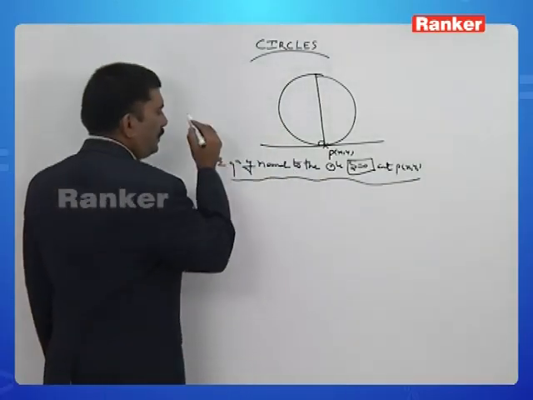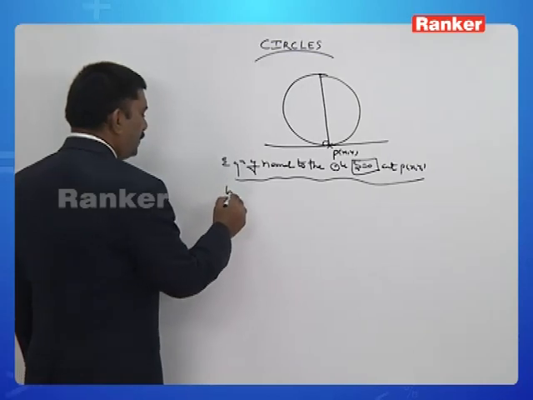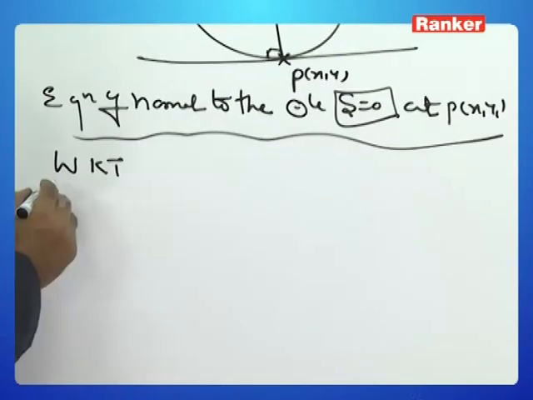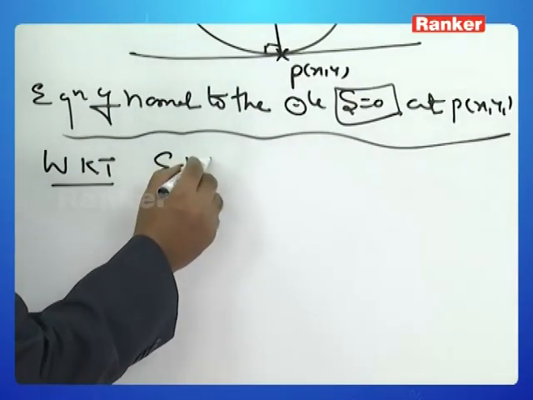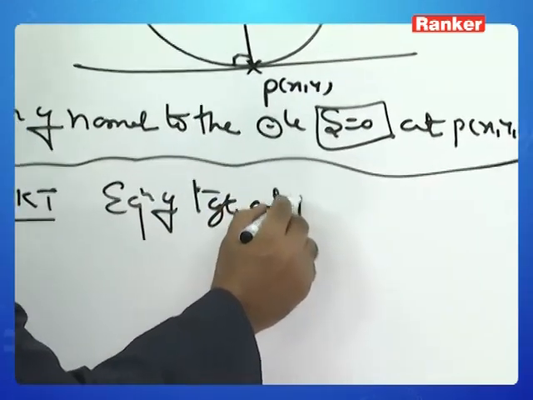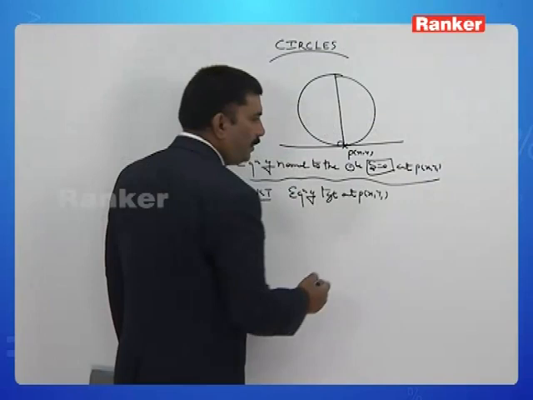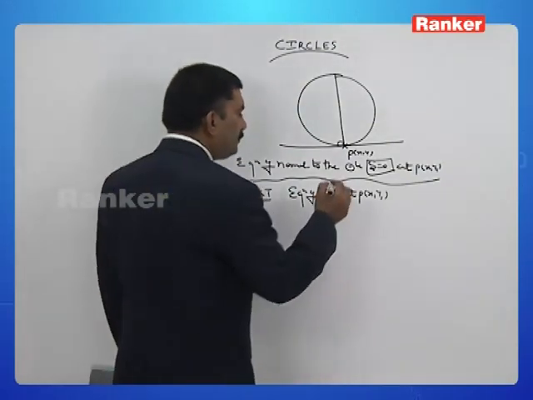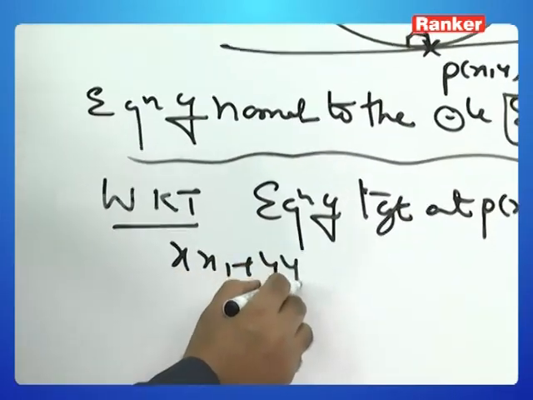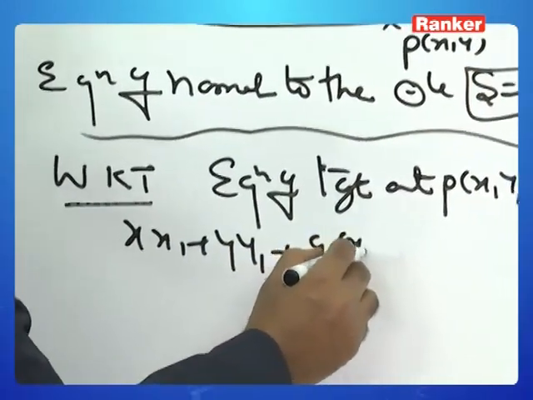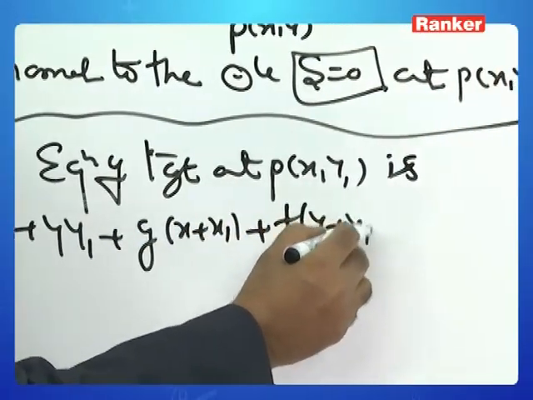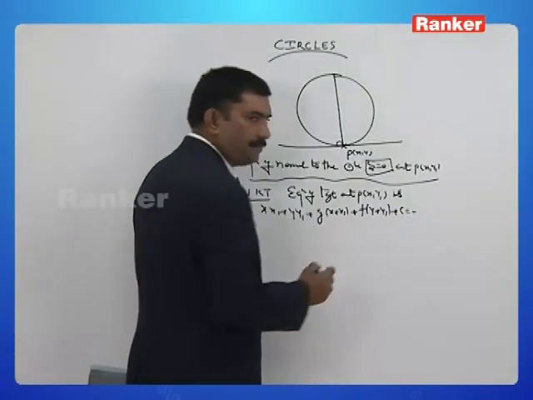Now we have to find this. We know that the equation of tangent at P of x1 comma y1 is xx1 plus yy1 plus g into x plus x1 plus f into y plus y1 plus c is equal to 0.